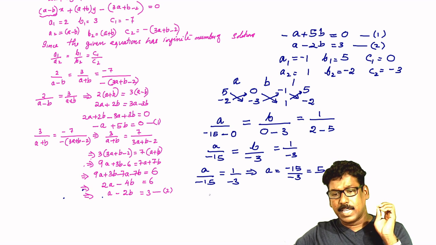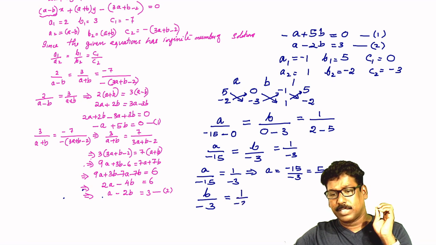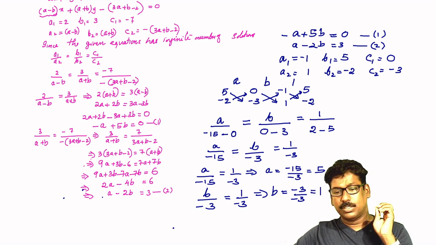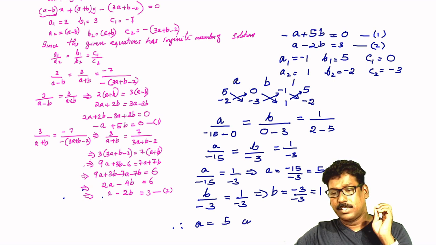Now take the second and last ratio, that is b by negative 3 is equal to 1 by negative 3, which implies, transposing negative 3 to the other side, negative 3 into 1, that is negative 3, by negative 3, which is equal to 1. Therefore, the value of a is equal to 5 and b is equal to 1.